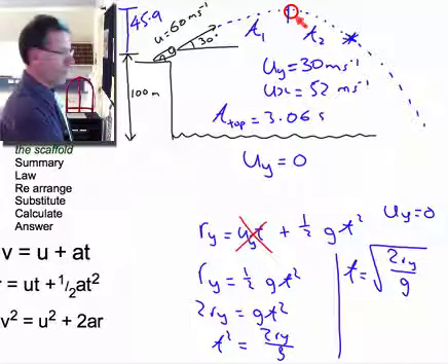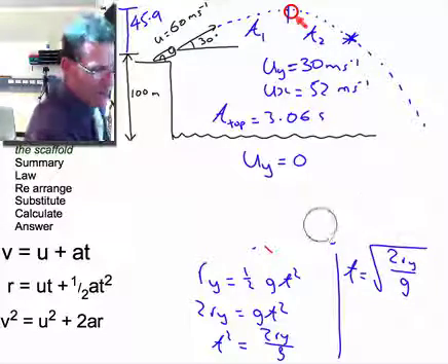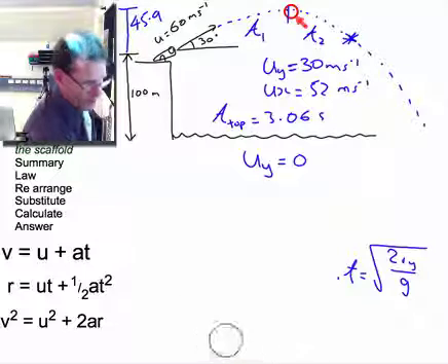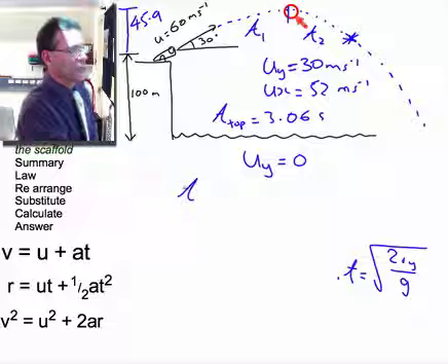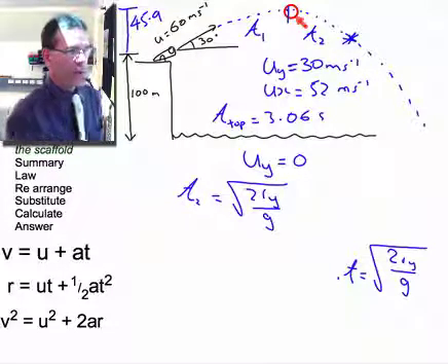Let's put that one away for the moment and think about this. Now we've got the time. This is t2, the time to fall that second height. t2 is going to be equal to the square root of 2ry on g.